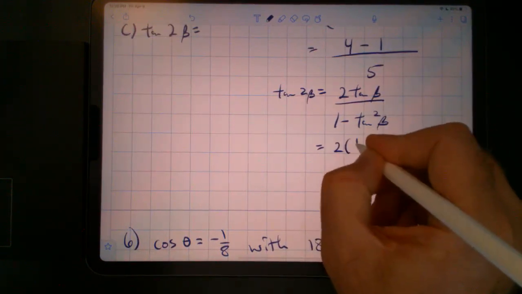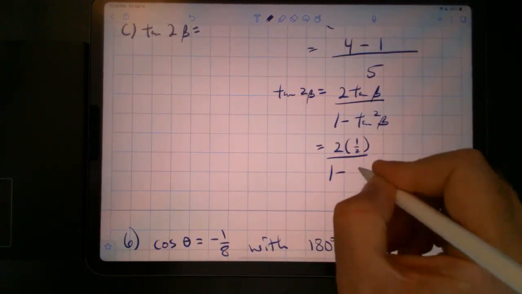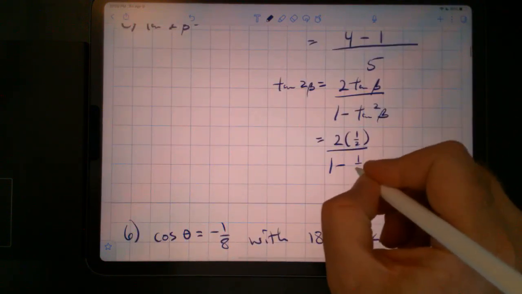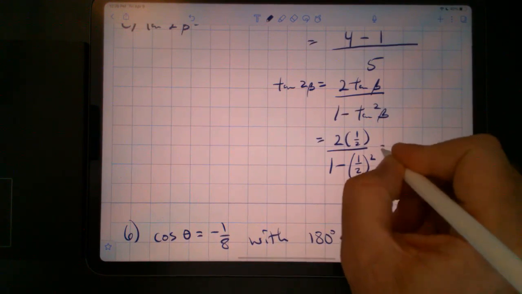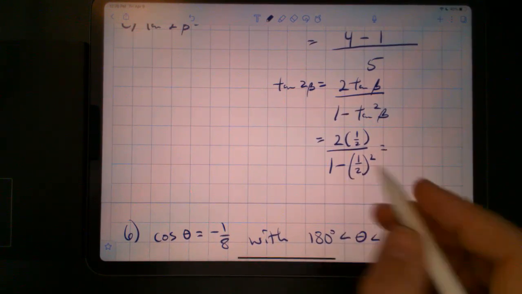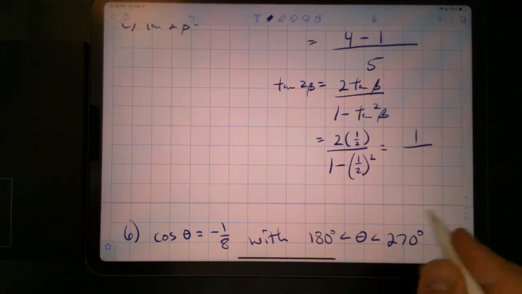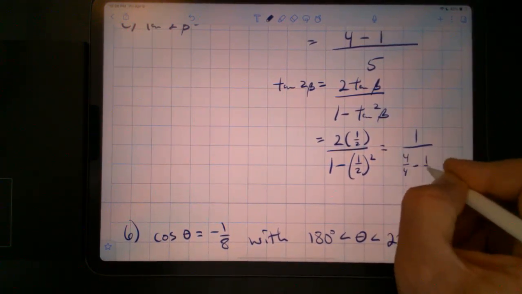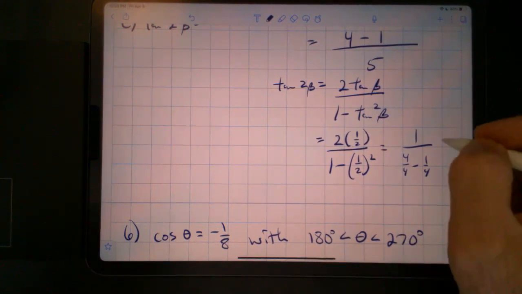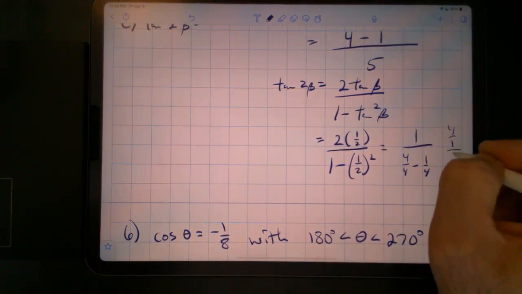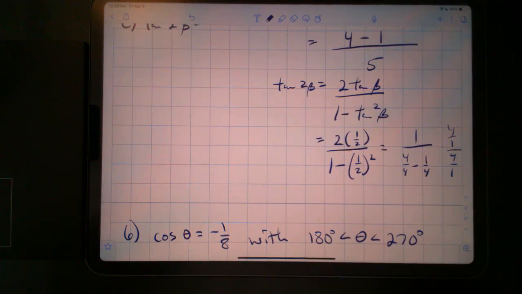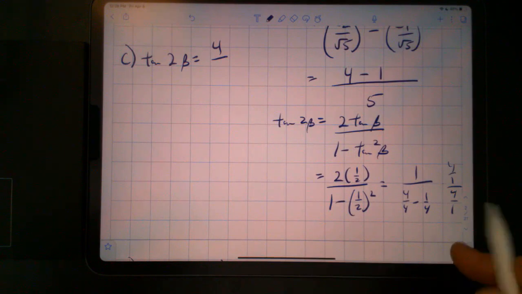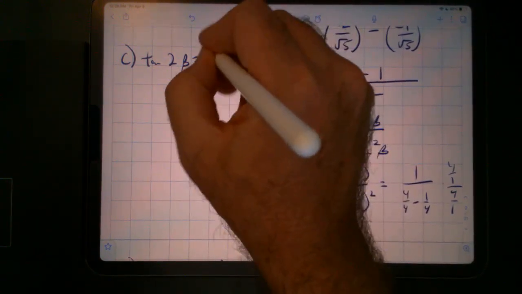So we have 2 times 1/2 divided by 1 minus 1/2 squared. So the numerator is going to be 1 divided by 4 over 4 minus 1 over 4. Multiply this by 4 over 4, and this would give me 4 in the numerator and 3 in the denominator.